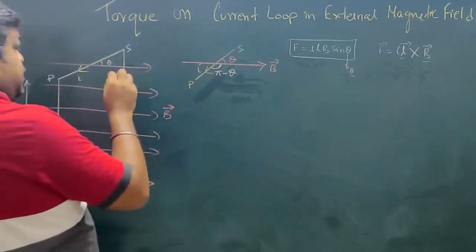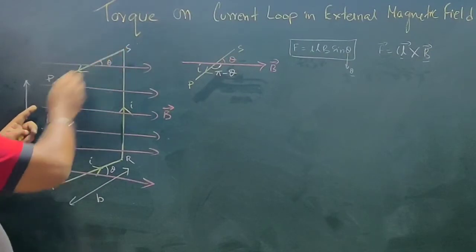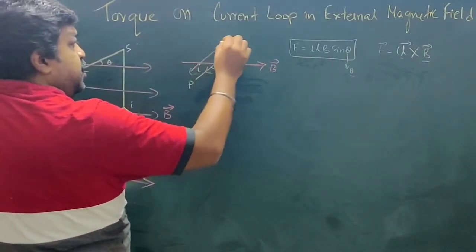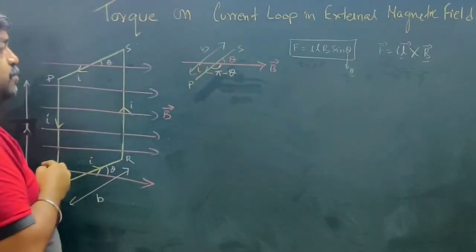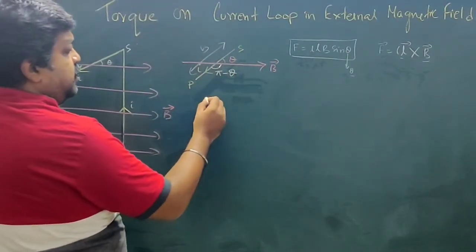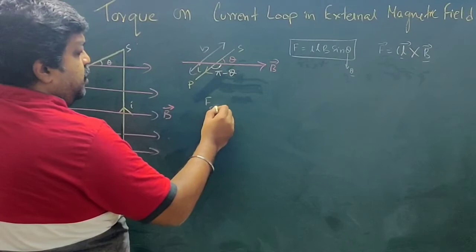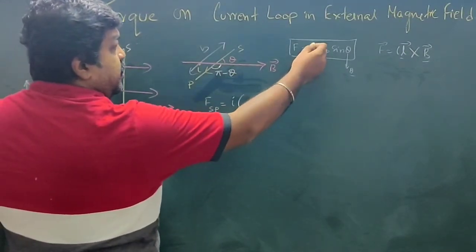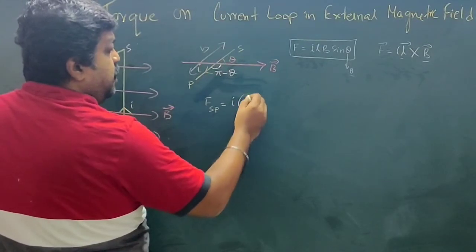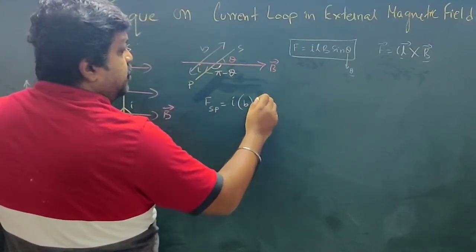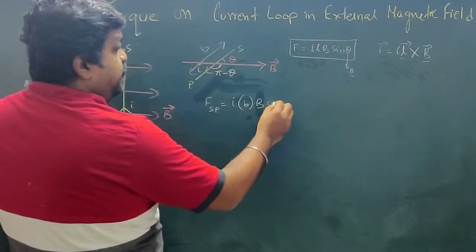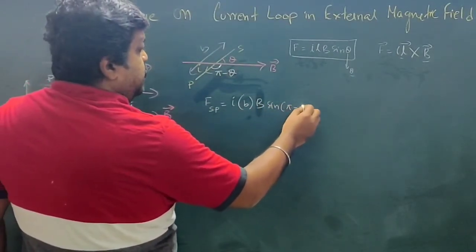And this breadth is B, so this part, the length of SP, is B. So force on this part, FSP, will be equal to I, length B, strength of the magnetic field B, sine of pi minus theta.